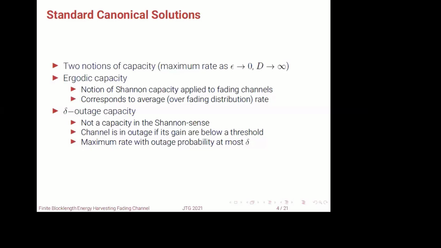Now, suppose we are willing to stand an outage for, say, delta fraction of the transmission times. Now, delta is a small positive number. Now, this delta outage capacity, then we can define it as the maximum rate such that the probability of the channel being in outage is at most delta.